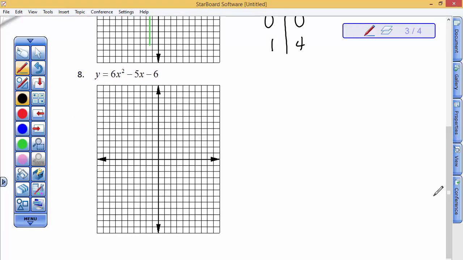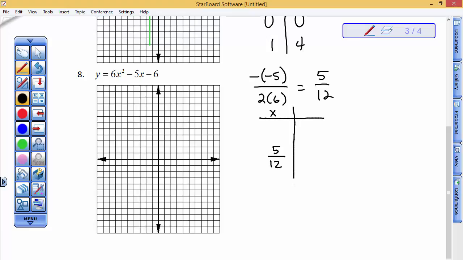Let's just keep going ahead and addressing the rest. So I'm going to go ahead with the opposite of my b value divided by 2 times my a value, and now I have 5/12 for x. Whew, I think I'm really going to get my calculator out to help myself with this, just for time's sake, to be honest.